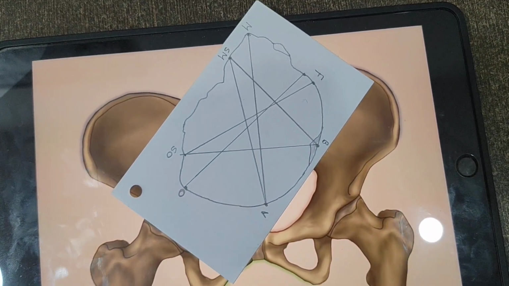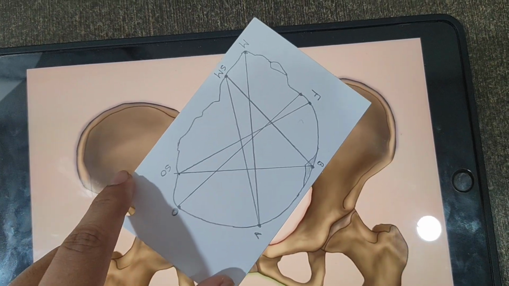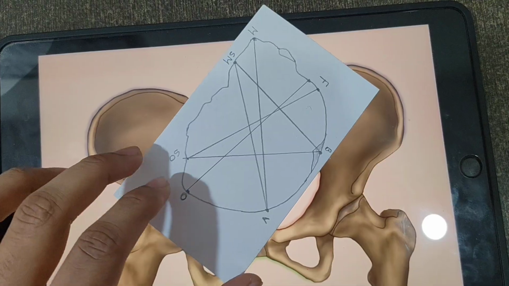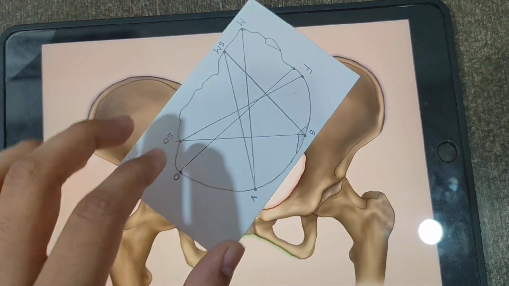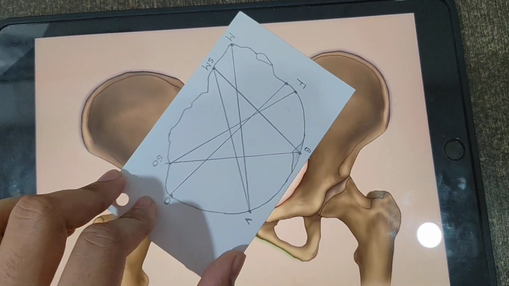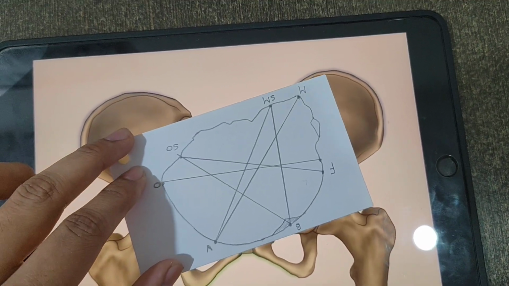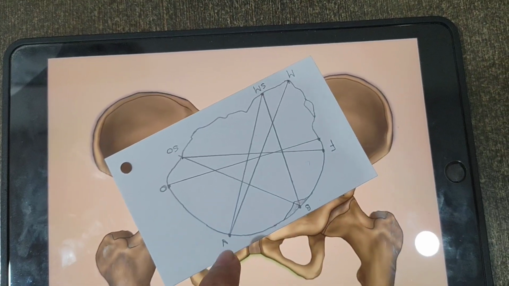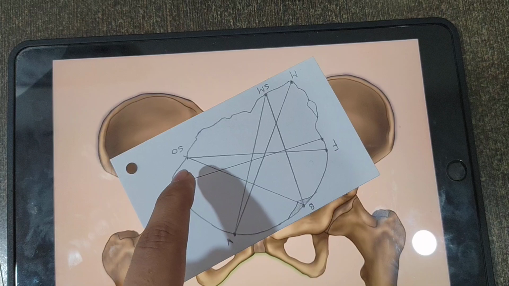For better understanding, in vertex presentation the first one would be sub-occipito-bregmatic. At this point, let's say the fetal head is very flexed. Now it will become slightly deflexed, so from this it goes to this. Here the vertex is still the presenting part, because the vertex is a very wide presenting part.